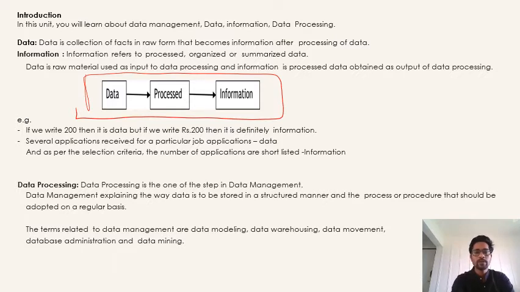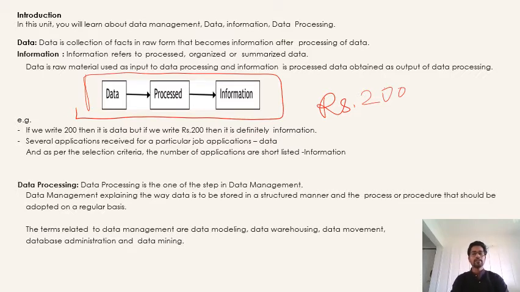In this example, suppose I write here 200. 200 doesn't make any sense, whether 200 is a number or money or an amount, it is very difficult to say. So when I put RS in front of 200, it means that it is 200 rupees. We process this 200 by putting RS in front of it, and that is called information. So we can easily identify data and information.